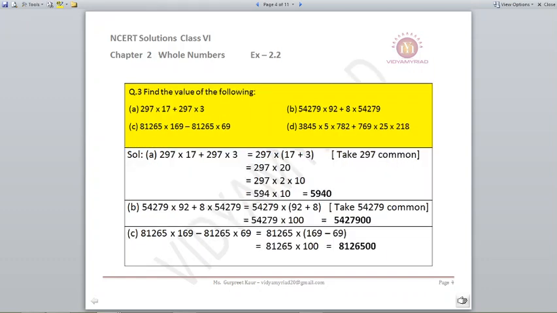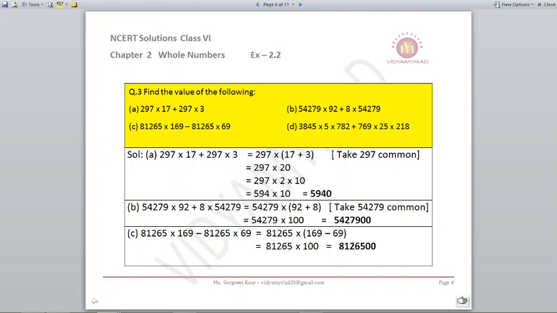Question number 3. Find the value of the following: 297 into 17 plus 297 into 3. Now here we use the distributive method. See what is common in both parts. You have 297 as common, take it out, and inside the bracket it will be 17 from the first part and 3 from the second part.